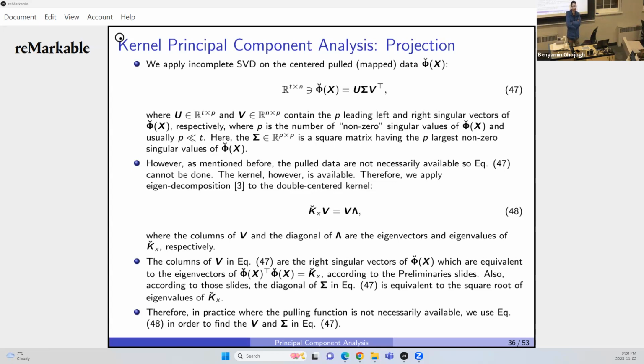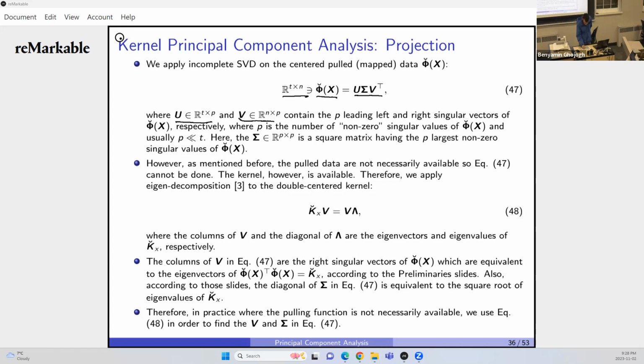I don't have X, I have phi breve X. Apply SVD on phi breve X, where assume T is the dimensionality of the Hilbert space. Okay, it can be infinite, right? And of course, U will be the left singular vectors of phi breve X, and V will be the right singular vectors of phi breve X. And sigma are the singular values, right?